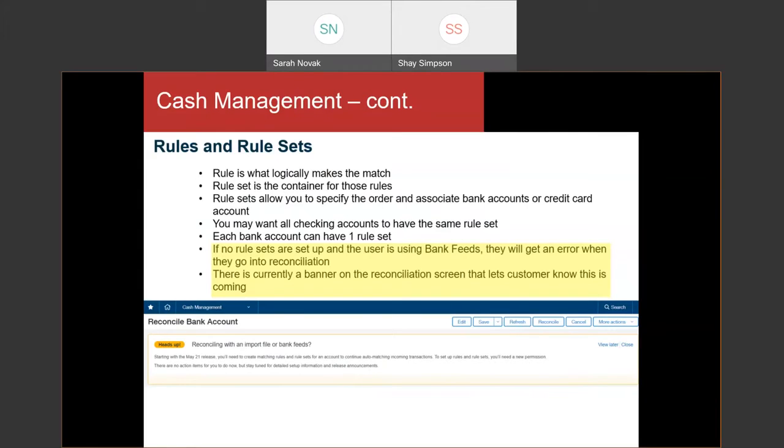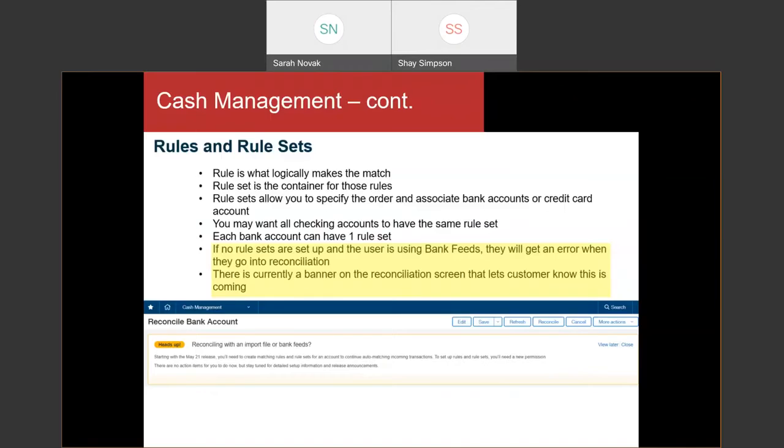Shay, we actually do have a question if we want to go ahead and address it while the poll is finishing up. Absolutely. The question is, what is the purpose of associating a rule set to a credit card account? All right, so this is kind of a preface to our next presentation.